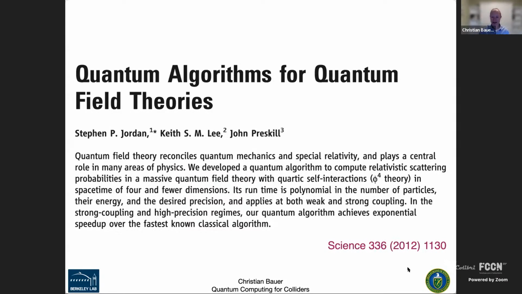You have to remember back then, quantum computers weren't a pipe dream, but we were nowhere near the level where we are now. And essentially what these 3 people showed, and they did an example of a phi to the 4 theory where they really worked this out in detail, is that I can actually compute this whole S matrix that I gave you with resources that are logarithmic in the size of my Hilbert space.